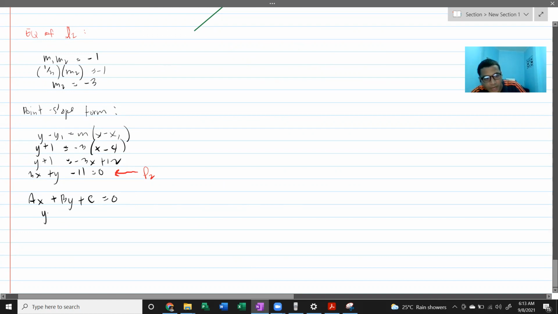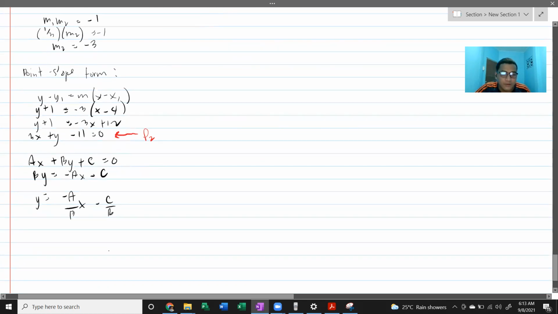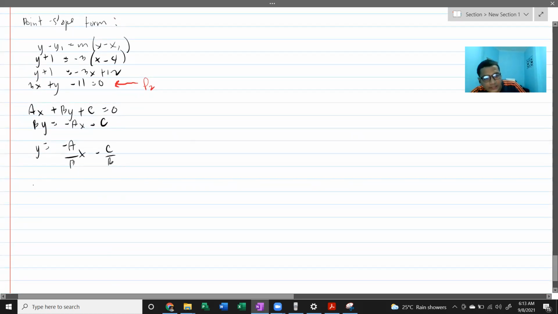So we have by equals -ax minus c, or y is equal to -a/b x minus c over b. Okay, now from here we can see that the slope of our line 1 is equal to -a/b. Then using the relation between the slopes of perpendicular lines, m1 m2 equals -1.